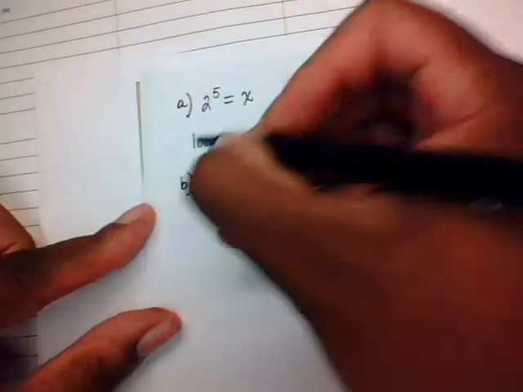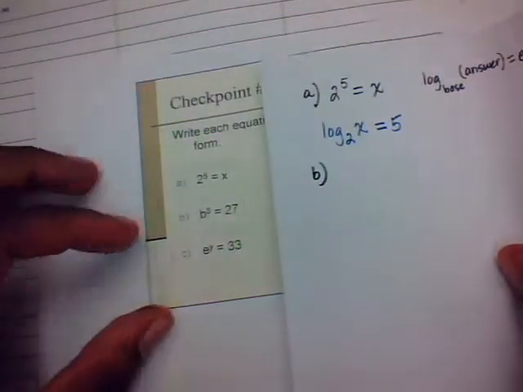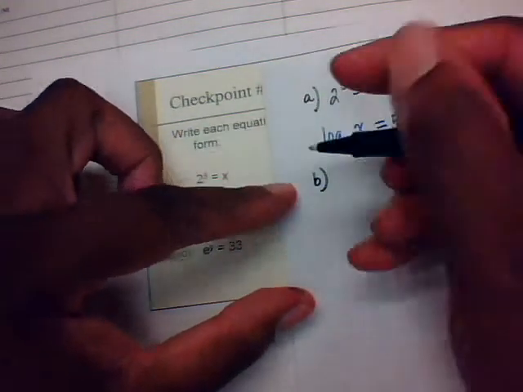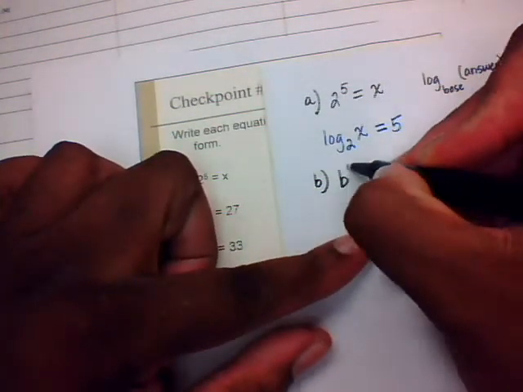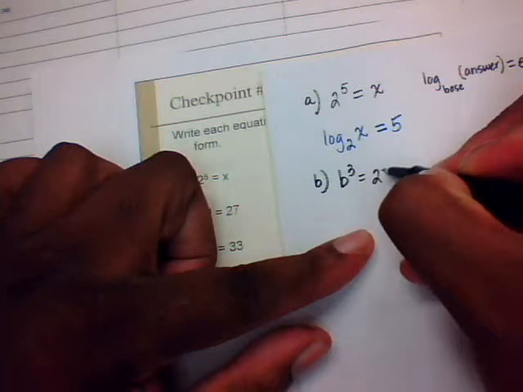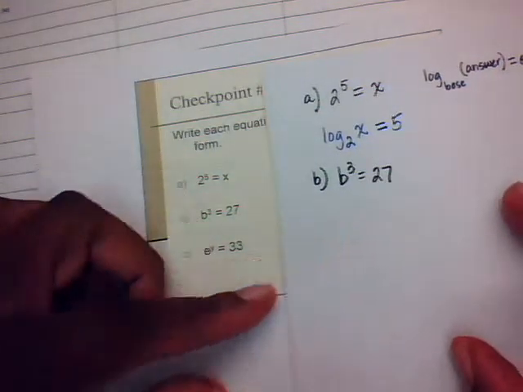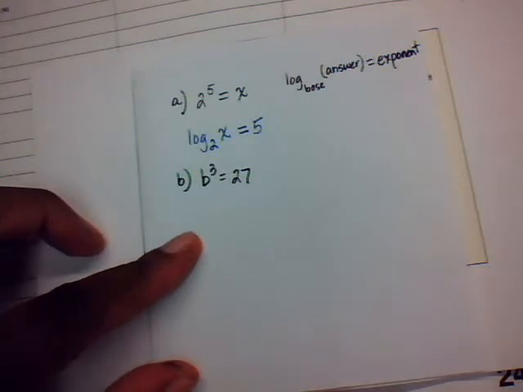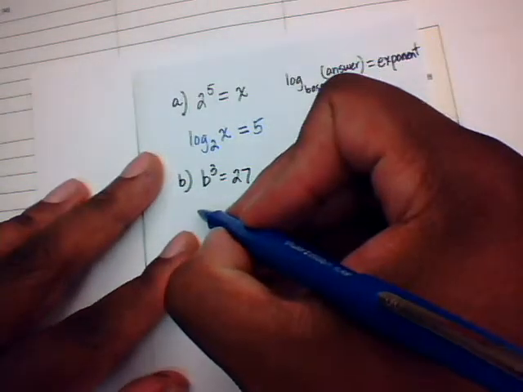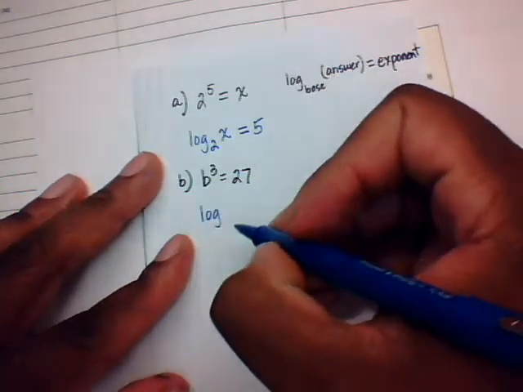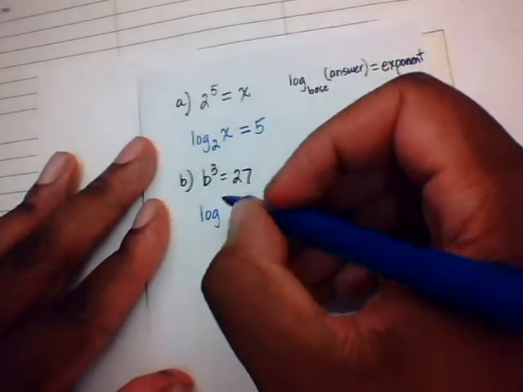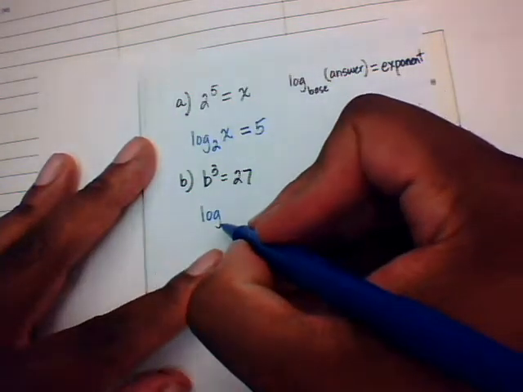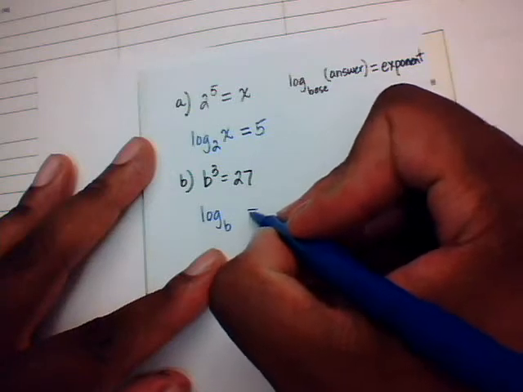Okay, part B looks like this. b to the 3rd is equal to 27. And we want to write that in its equivalent logarithmic form. If we're going to write something in logarithmic form, we always have log in it. The b is your base, so that will be the subscript for the log.